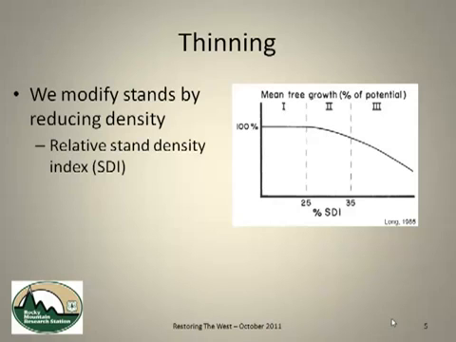And what we want to do is lower the total density so that the stands don't slow in growth, but try and maintain individual tree growth potential as close to 100% as we can. And here I'm going to use, for my modeling purposes, 35% of maximum relative stand density index.